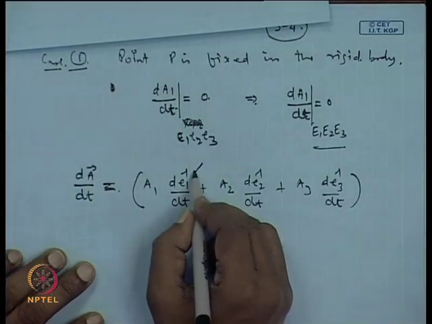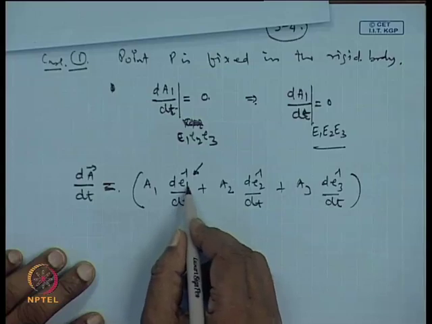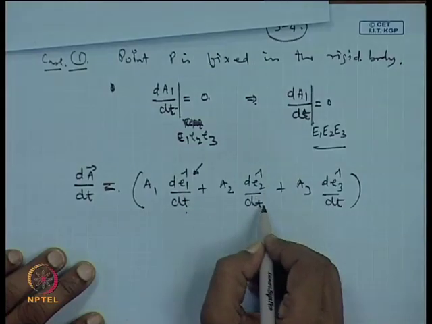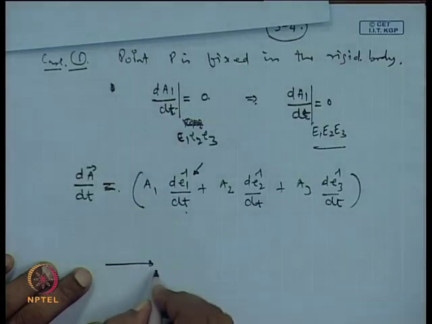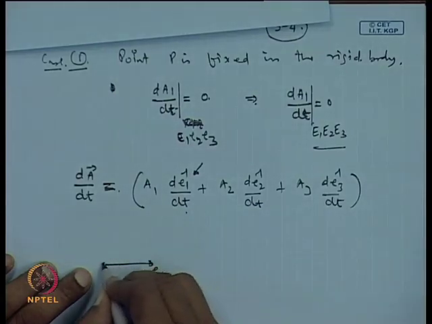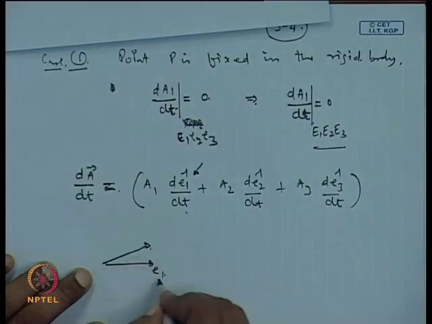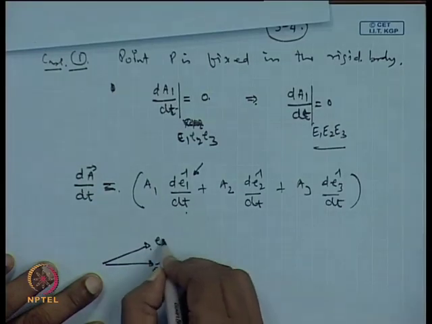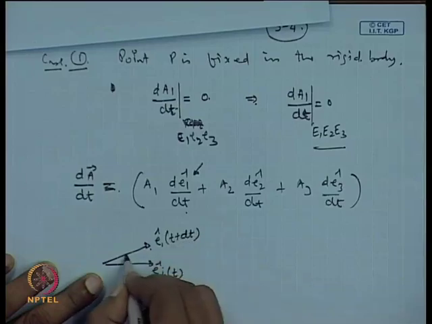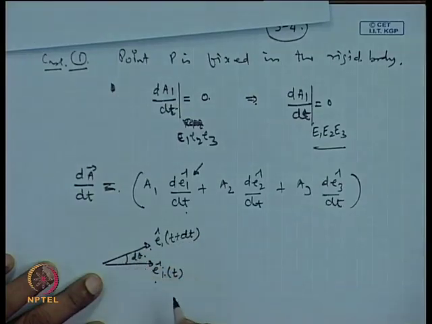Now, you need to determine these quantities d1 by dt, d2 by dt, d3 by dt. We have done this exercise earlier also. If this is the unit vector at time t and this is the unit vector at time t plus dt, this angle is d theta.